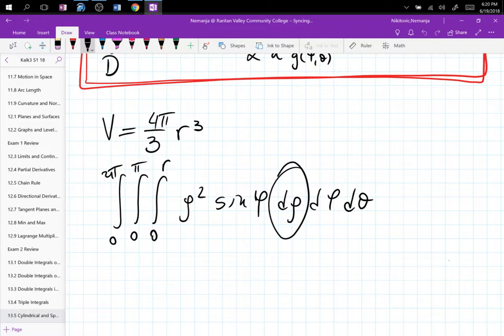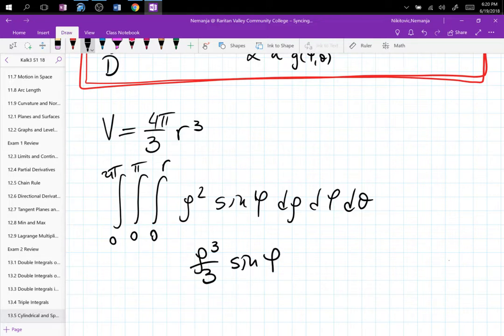The first integral we have to do is the d rho, which means that this is a constant because it has no rho in it. So we are starting with rho cubed over 3 sine phi, computed from 0 to r.